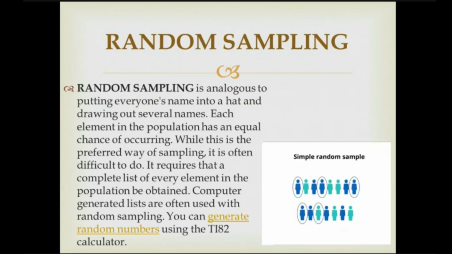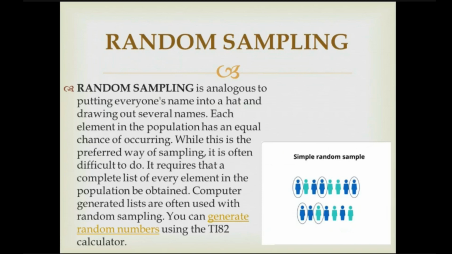Random sampling. Random sampling is analogous to putting everyone's name into a hat and drawing out several names. Each element in the population has an equal chance of occurring. While this is the preferred way of sampling, it is often difficult to do.